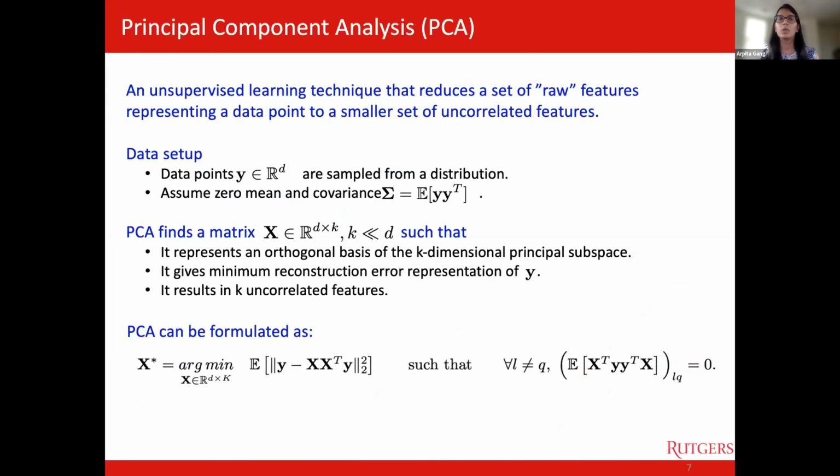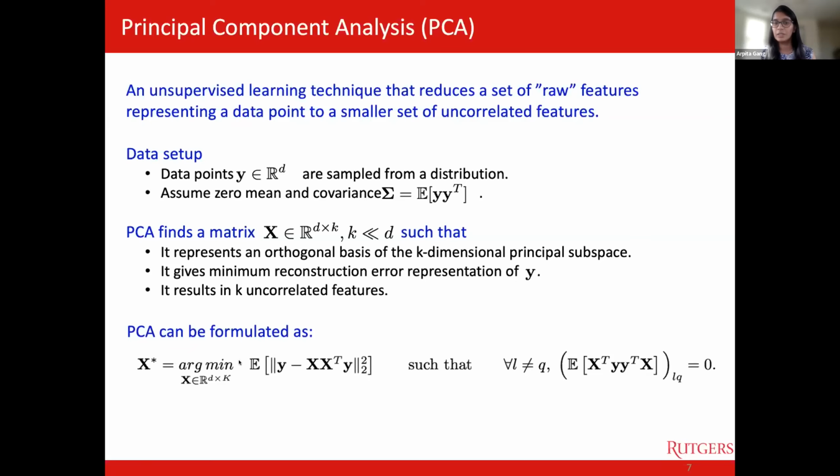So what's principal component analysis? It's an unsupervised learning technique which takes a set of raw features that represents a data point, and extracts a smaller set of uncorrelated features that carry maximum information about that data. Mathematically, PCA can be formulated as shown here.